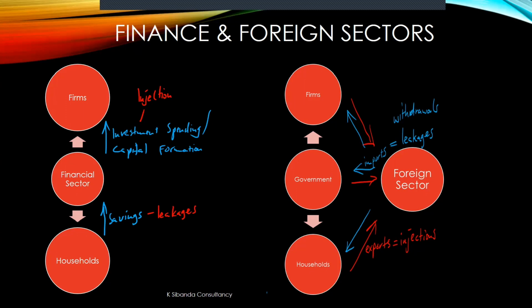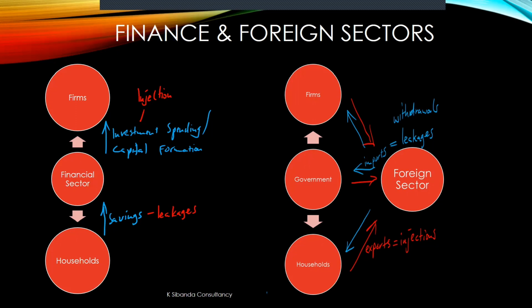Then imports as well. Apart from the fact that we are receiving goods, which is a story for another day, we're talking about income, the movement of money, the flow of income, right? I am an individual or a firm in South Africa. I need to produce goods and services, and I need some inputs that I can get from Mozambique. So I'm going to import those inputs and pay money, which means that money is a leakage.